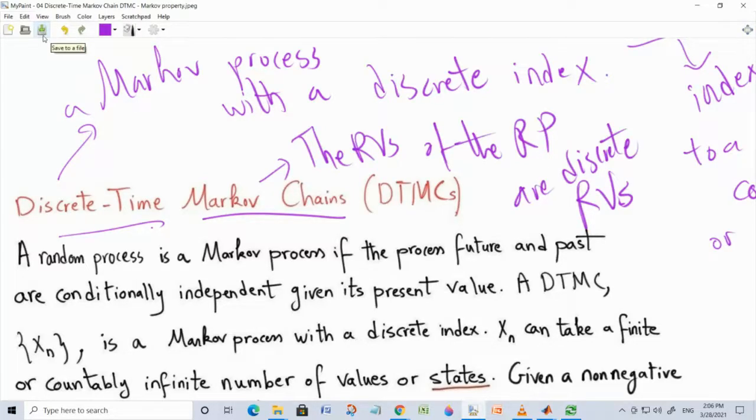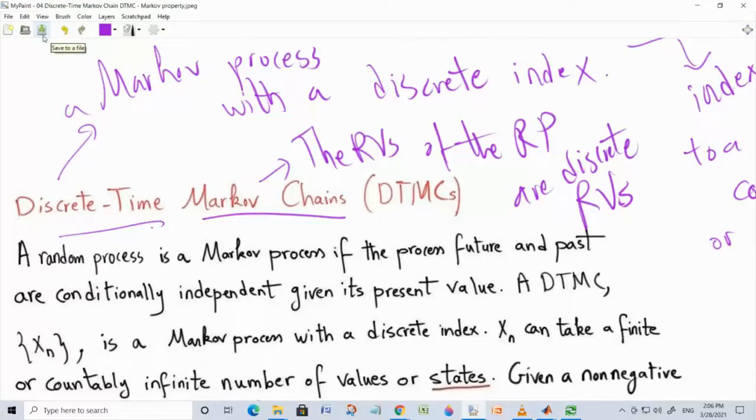So when we say Markov chain, the random variable we are talking about is a discrete random variable, which with probability 1 can assume either a finite number of values or a countably infinite number of values. And the index is basically a non-negative integer. So that's basically the business of discrete time and Markov chain.